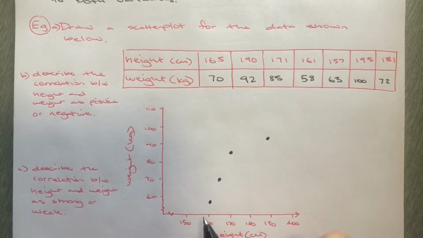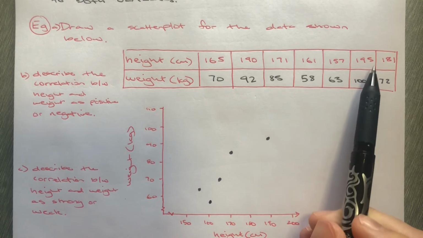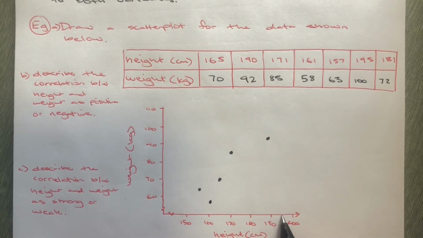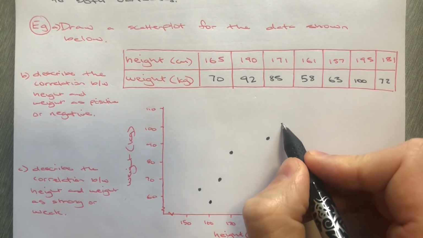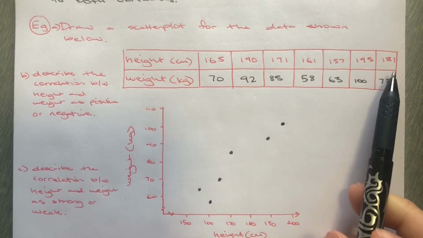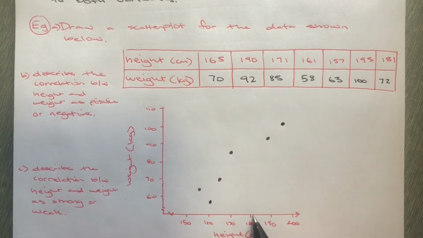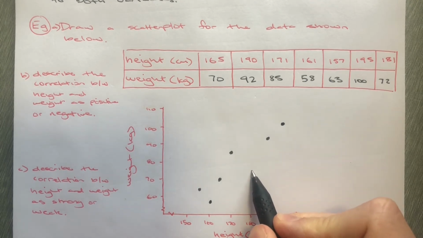Next one, 157, about here, and 63. Next one, 195 centimeters and 100 kilos, something like that. And then the last one, 181 centimeters, about here, and 72 kilos. So around about that. Done.